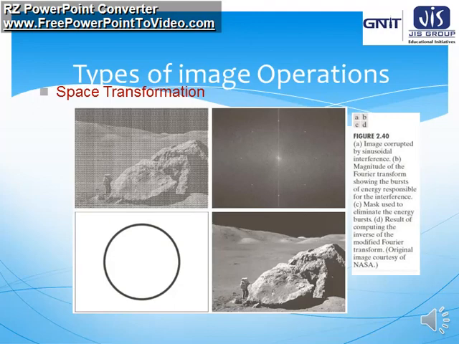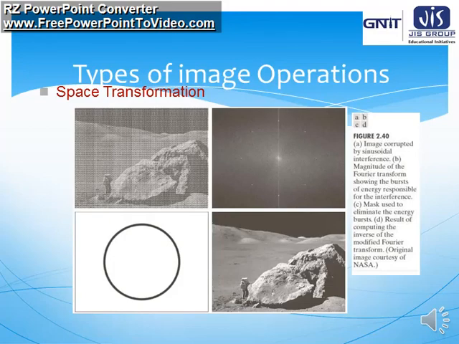Here, for types of image operations, space transformations are given, where you can see the first image corrupted by sinusoidal interference, and the second image shows the magnitude of the Fourier transform with the energy responsible for the interference. C is the mask used to eliminate the corresponding energy burst, and the last image is the result of computing the inverse of the modified Fourier transform.